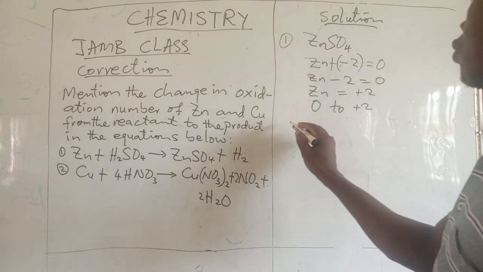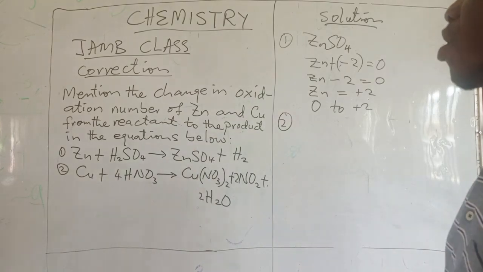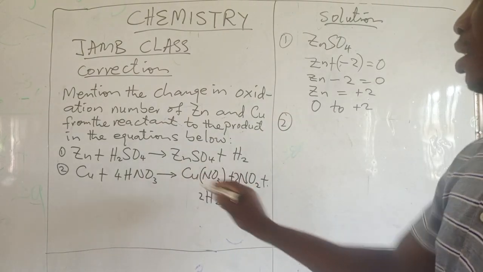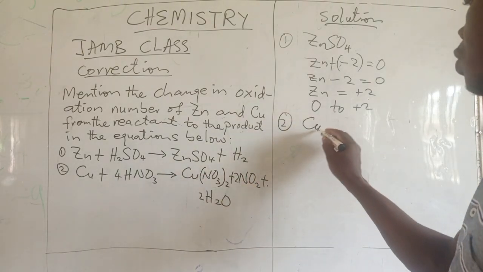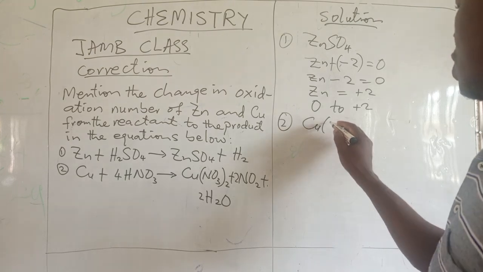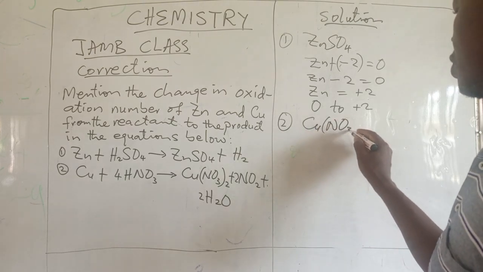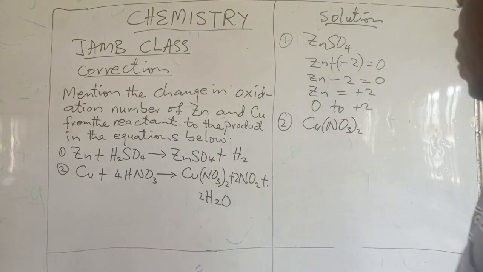So question 2. Let's see that of question 2 is still this that we are going to calculate. Cu(NO3)2.